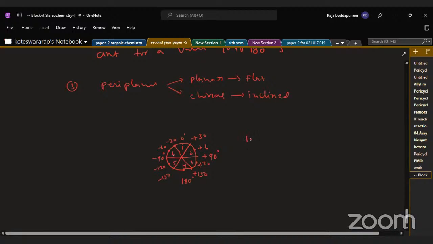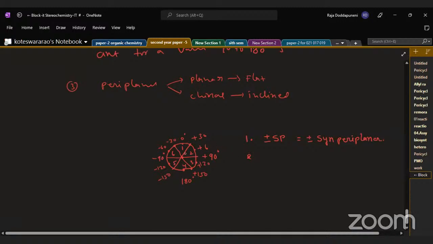The first part is indicated as plus or minus SP. We use the word syn-periplanar.